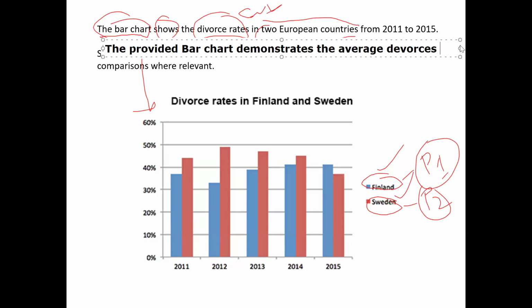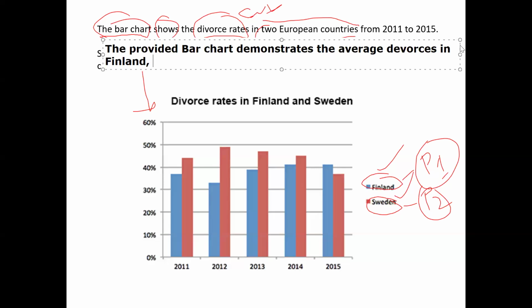In Finland, F needs to be capital. Finland. Second one, Sweden. Clear? And then we may write down from, we need to change between 2011. Between is followed by and 2015. And 2015. Yes. So this is what I call my introduction. So the first part is completed.